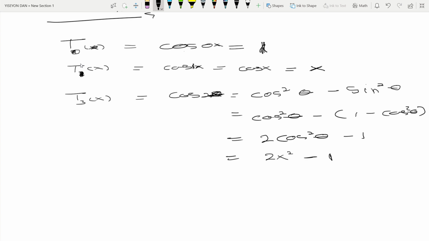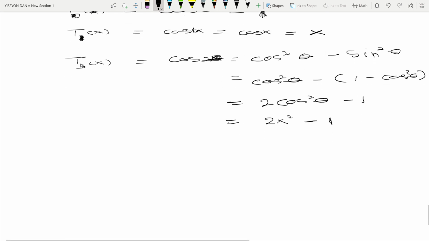Now you notice the pattern. If we follow the same pattern, it simply means that if we are to look for T(n+1) of x, we have 2x Tn(x) minus T(n-1)(x).